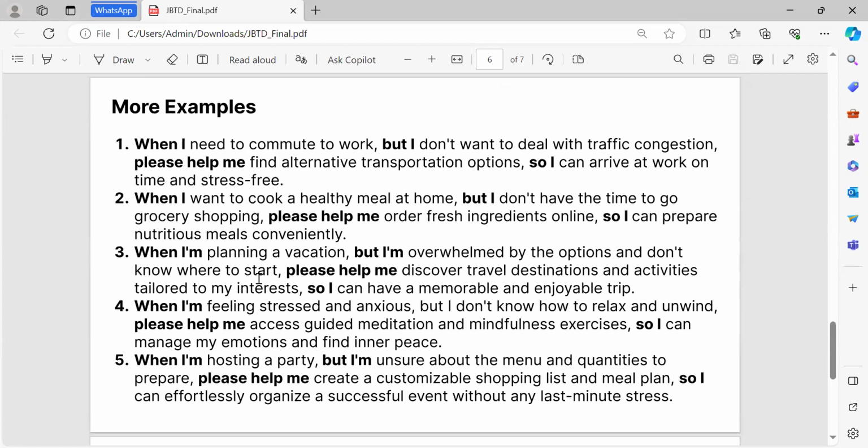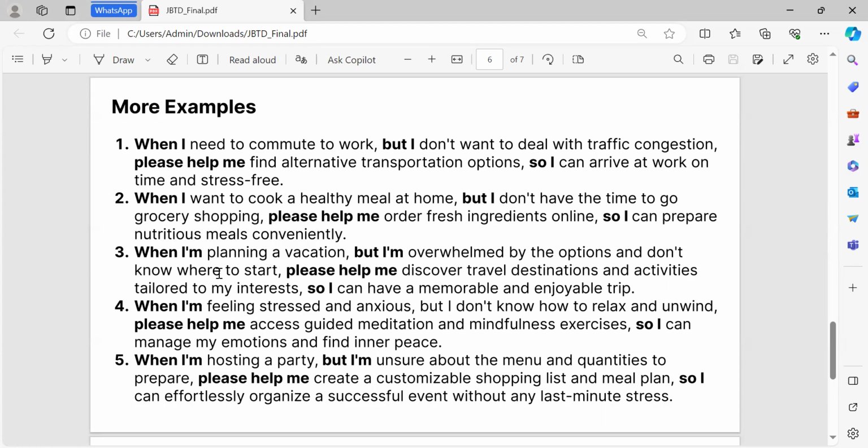I have given around five more examples of these. You can go through these examples and try to understand the bone structure of this framework. We will always be following the same structure: when I, but I, please help me, so I. These are the four pillars of this entire statement.